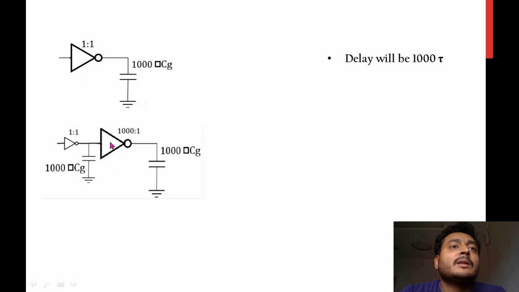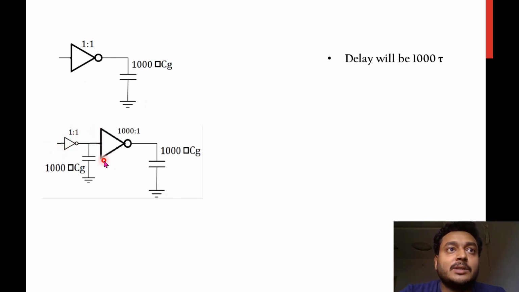This first inverter is 1:1 ratio, and this second one I am taking as 1000:1, that means the width is 1000 times larger than its predecessor inverter.